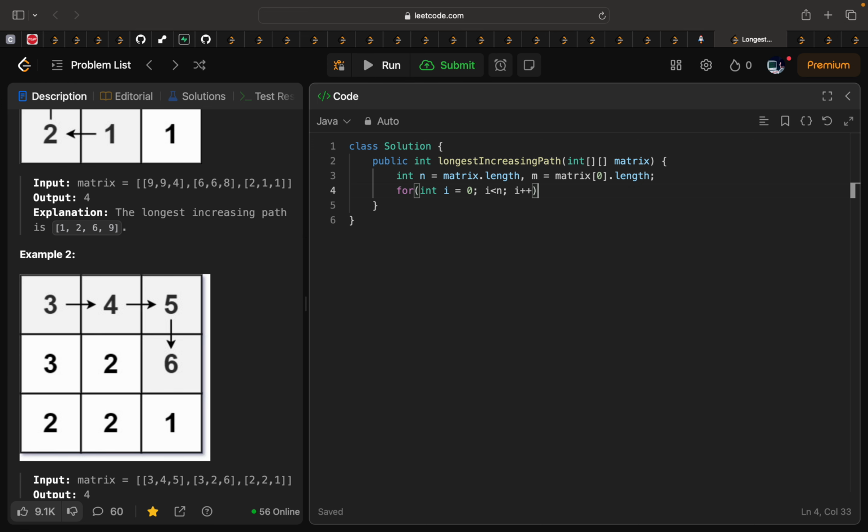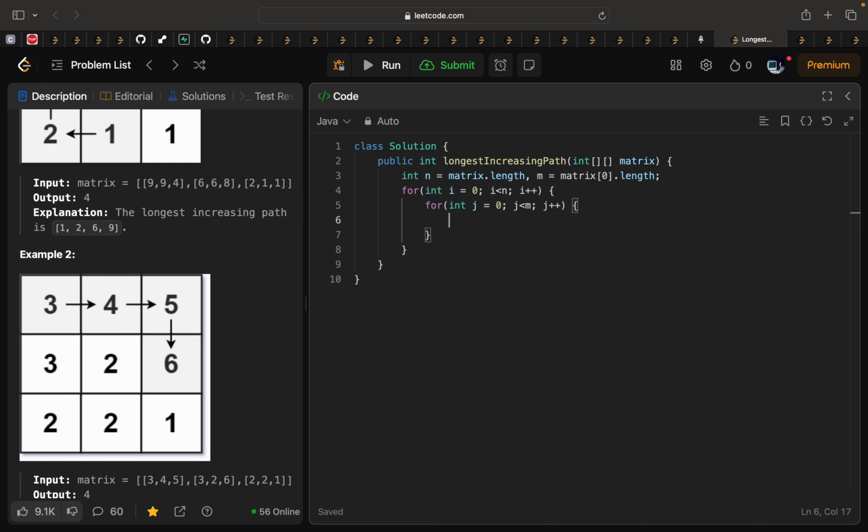In the worst case, our answer will be at least 1, because a single number forms a path of length 1 in itself.